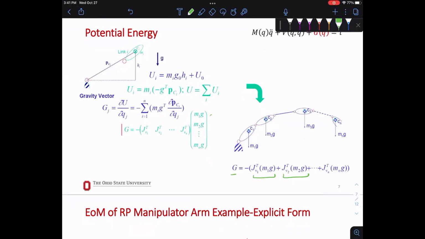You've already calculated those for your mass matrix. All you have to do is grab that and multiply by the mass of the link and the gravity, right? So finding the Jacobian helped a lot. We found the mass matrix, we can directly find this, and we use mass matrix elements to find our Christoffel symbols, which give the centripetal and Coriolis forces matrix. Now you can write the general formula to put them all together, right?